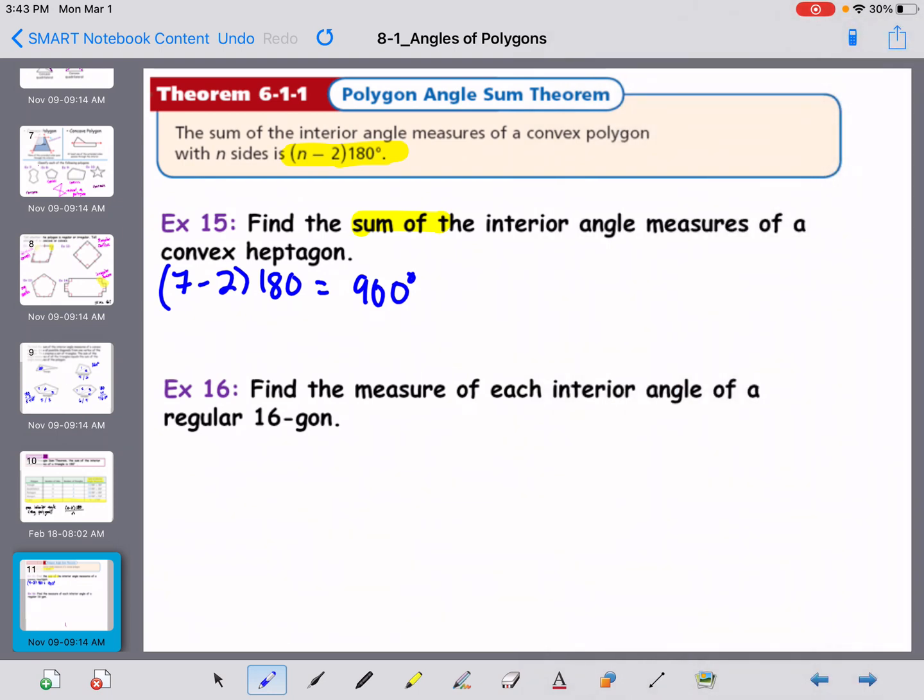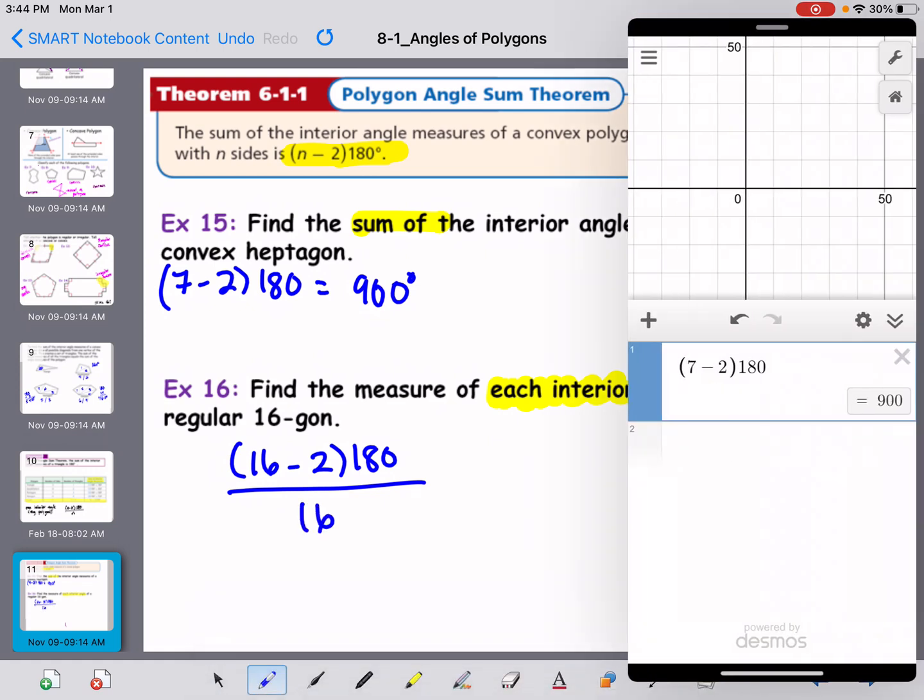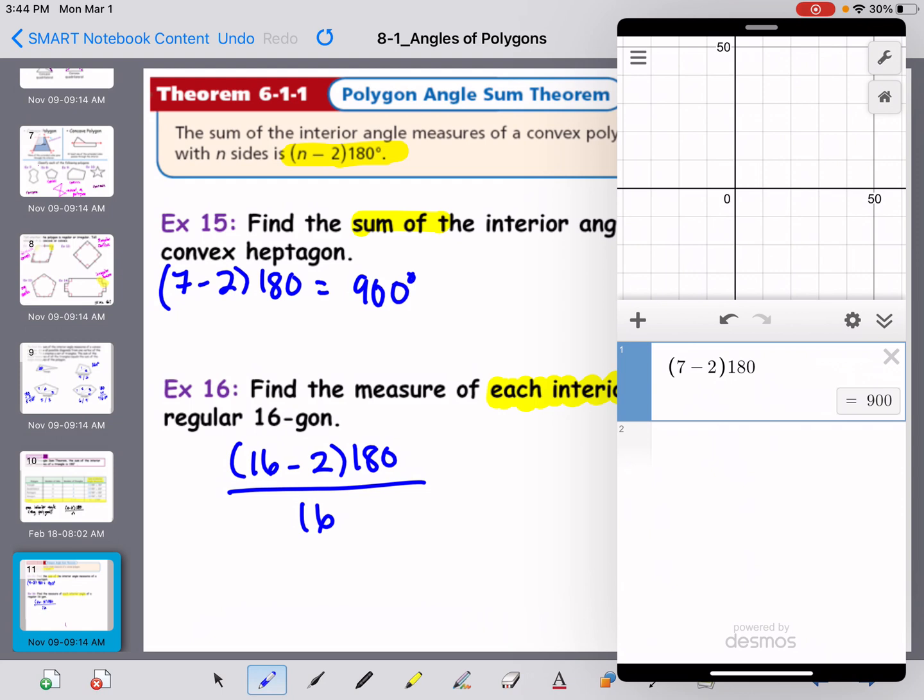Now the next one wants me to find each interior angle of a regular sixteenagon. All right, well, first I have to know what the sum is, and then I'm going to divide the sum by the number of sides. So this one will look like 16 minus 2 times 180 divided by 16. So this is one of those where I would almost do this in 2 steps.